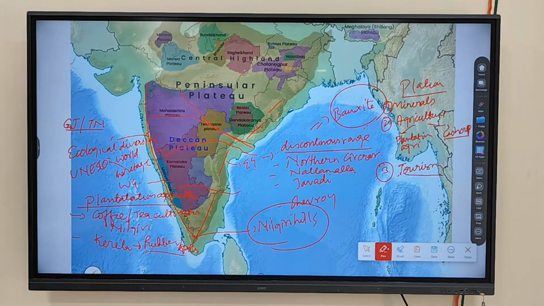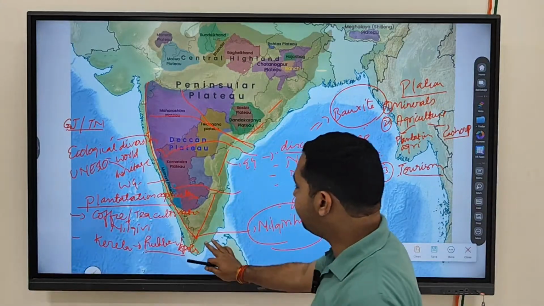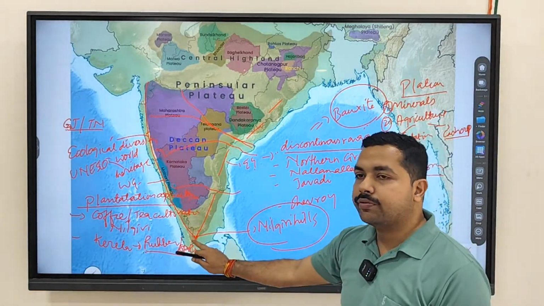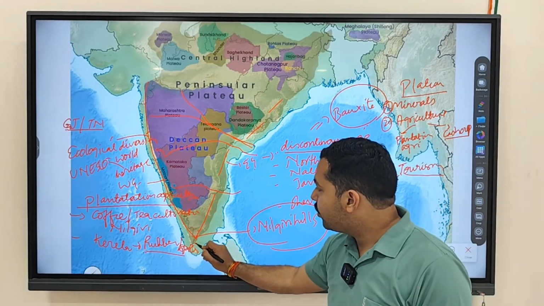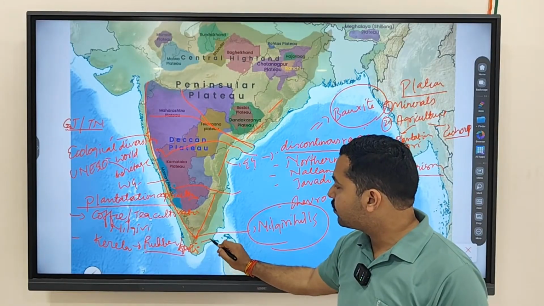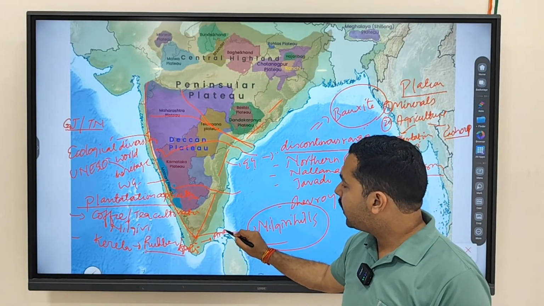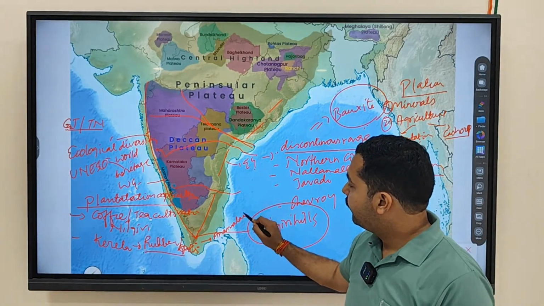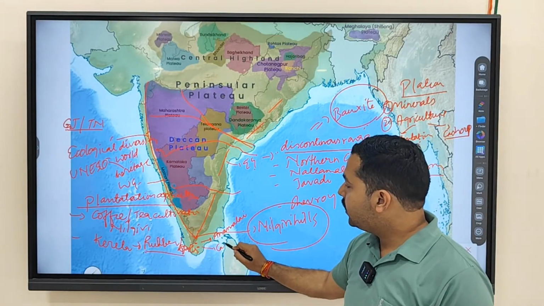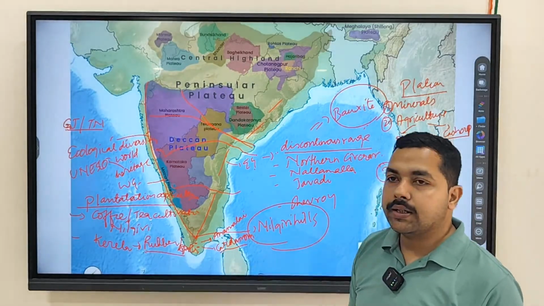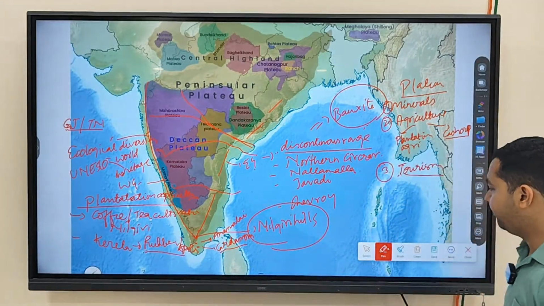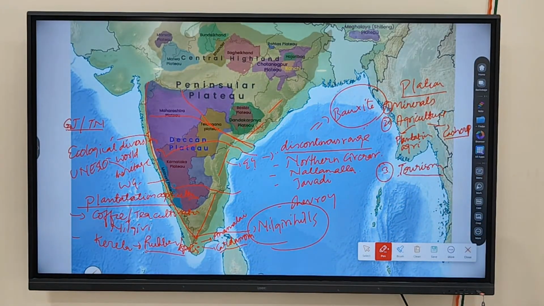Clear? Now, beyond Nilgiri hills, there is a meeting point of what? This is a meeting point of Western Ghat and Eastern Ghat. Beyond these, you have two hills which are referred to as what? Annamalai Hills and Cardamom Hills.